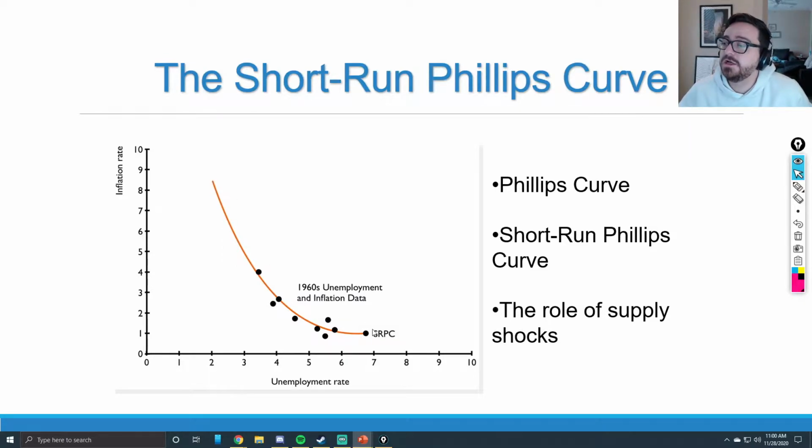So we get the Phillips Curve. Specifically, this is the short-run Phillips Curve. There is a long-run component here, which we'll get to how that happened in a second. So we've got the short-run Phillips Curve. Now, the short-run Phillips Curve is very similar to our aggregate demand aggregate supply model in that it is a snapshot of an economy.